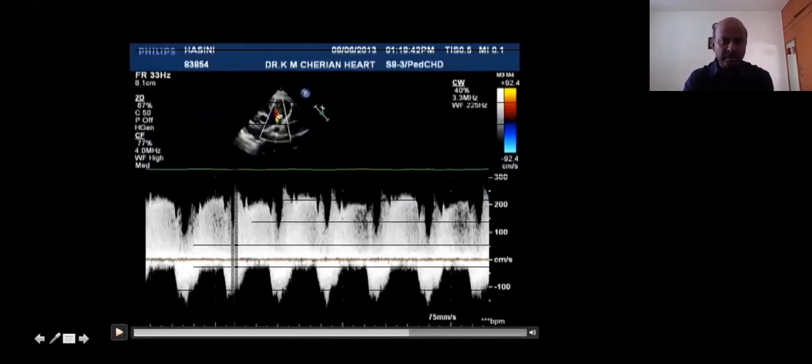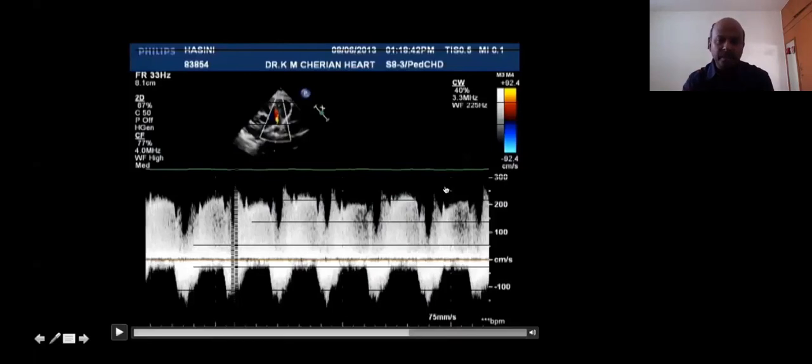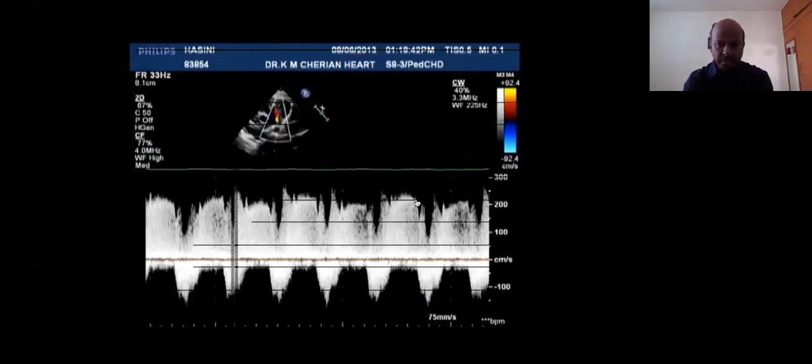As you can see, this is a red flow, which indicates that the flow is from the descending aorta into the pulmonary artery, and the velocity here is about 2.2 meters per second, which again, using Bernoulli's equation, you can translate into a pressure gradient, and 2 meters per second would roughly translate to about 16 millimeters of mercury.